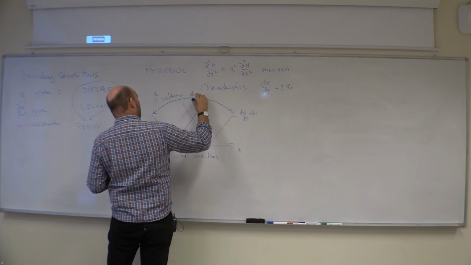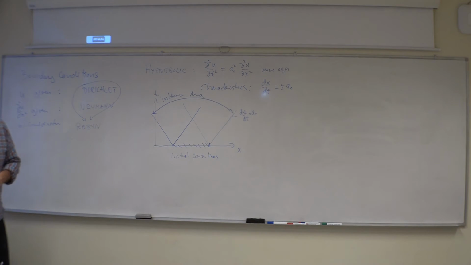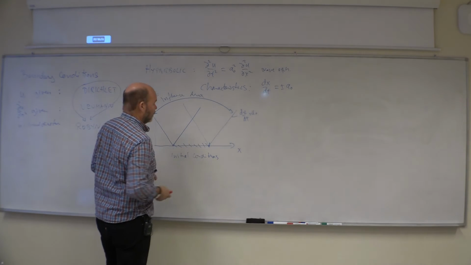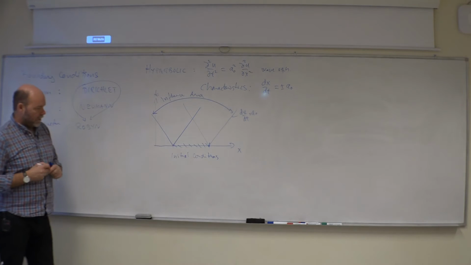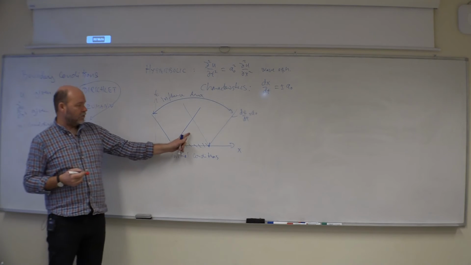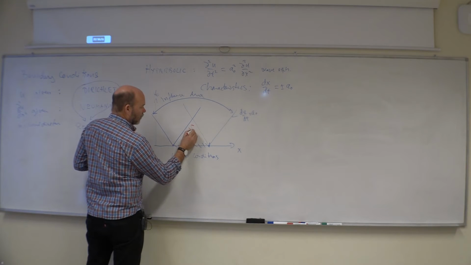Influence area. The entire sector. But I can't find a solution, a complete solution inside that entire sector. That's not possible. So given the problem here, you can only find a solution inside this cute little triangle. This is my solution area.